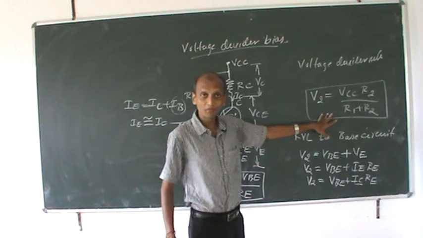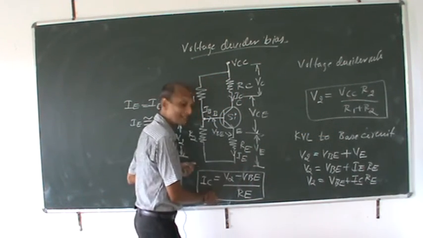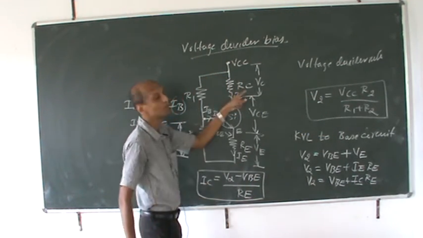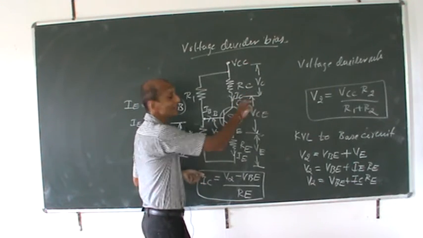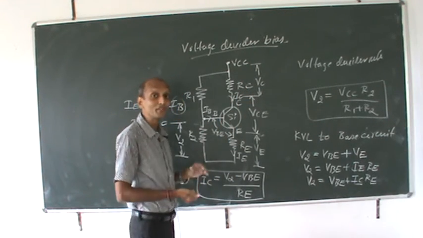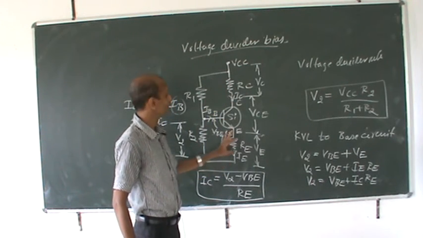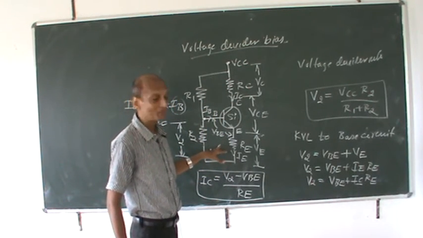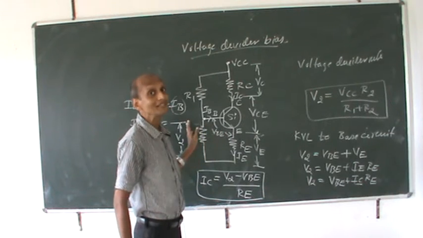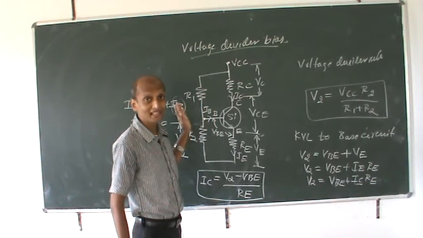Once I get V2, I can use this formula to calculate the collector current, or the current which will be flowing through the device, the transistor circuit or amplifier, once we make it work as an amplifier.